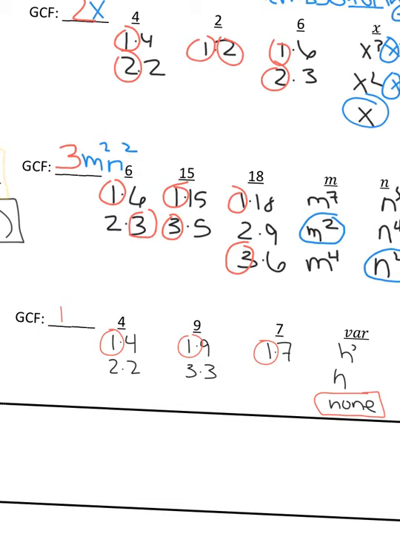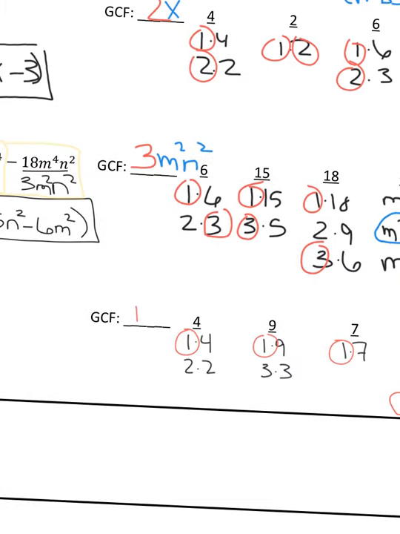What did we say back on page 11? No, page 10. Way back on page 10, right? If the only thing they have in common is 1, then the only factor is the number 1.